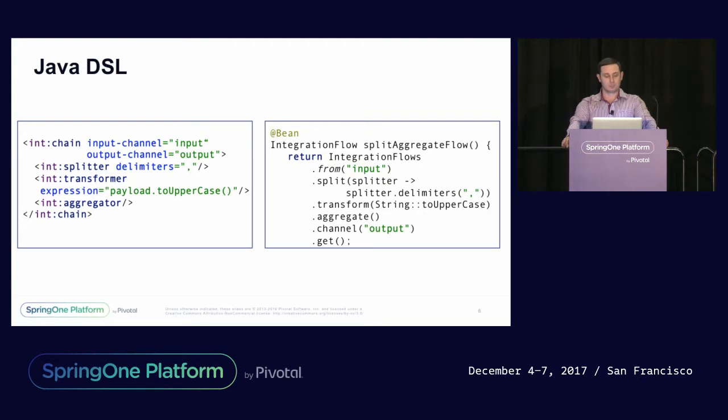We connect components with channels. And in most cases, we may even not have explicit channels, like this sample of XML DSL about chain.